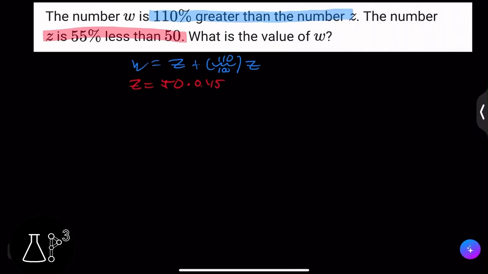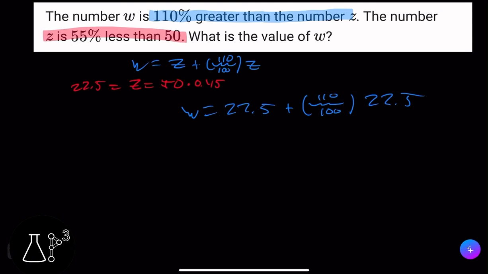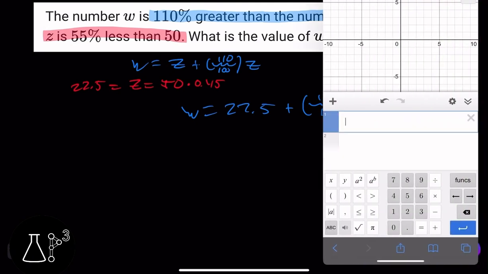So Z equals 22.5, and I can plug that into my first equation to look for the value of W. So W just equals 22.5 plus the parentheses of 110 divided by 100, and then multiplied by 22.5, and that'll give me the answer of W. So 22.5 plus, in parentheses, 110 divided by 100, then close parentheses, multiplied by 22.5.